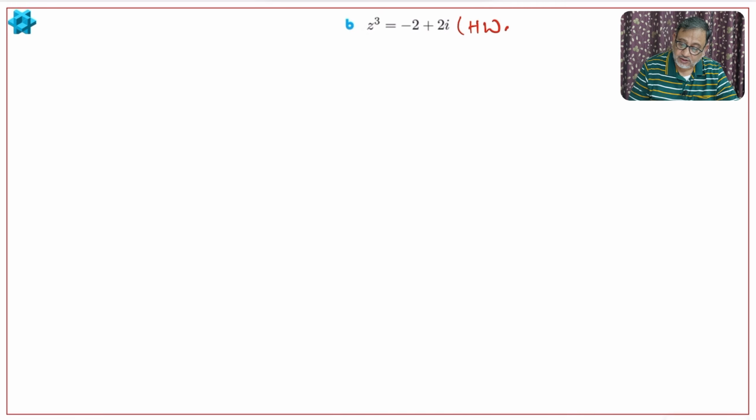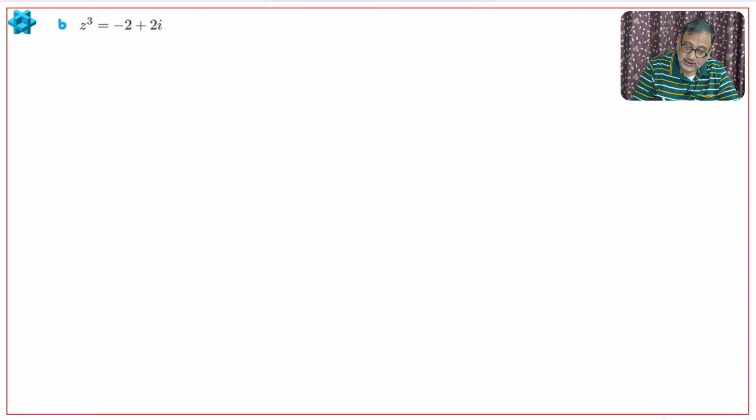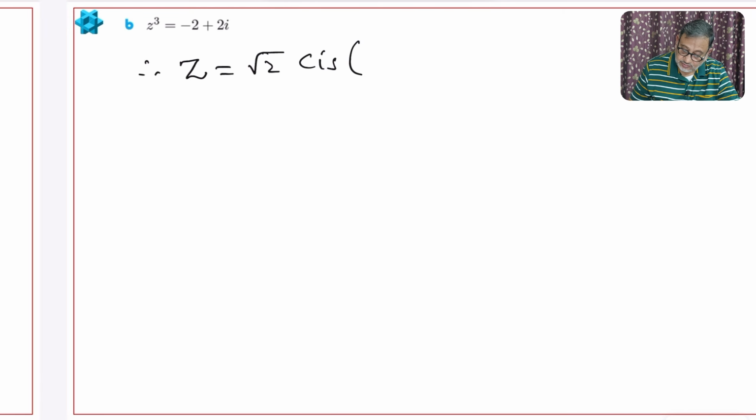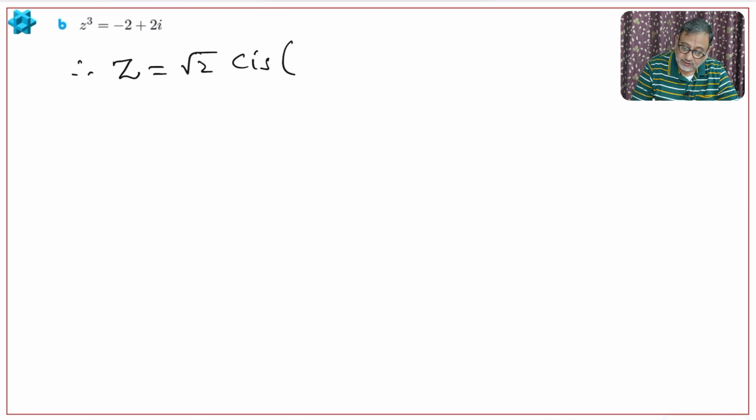So anyway, I am already doing this B part. See, I wrote here z is equal to root 2 cis 3 pi by 12 plus k into 8 pi by 12.